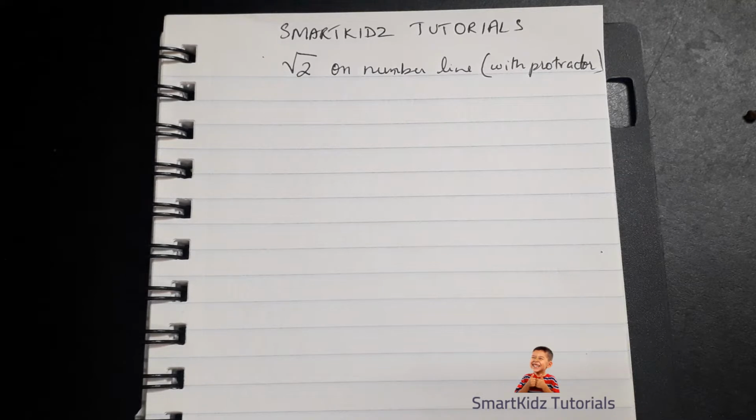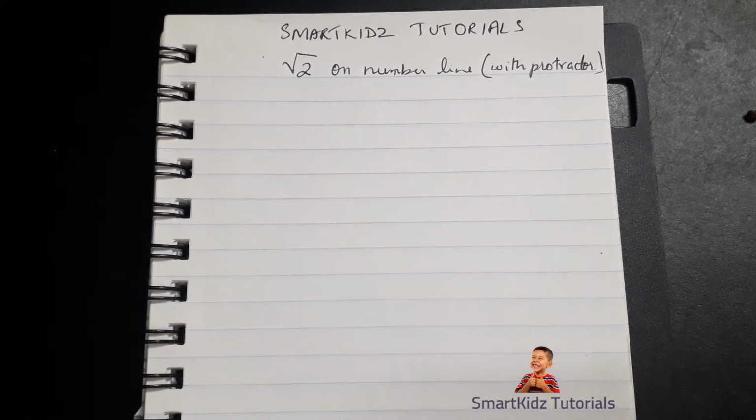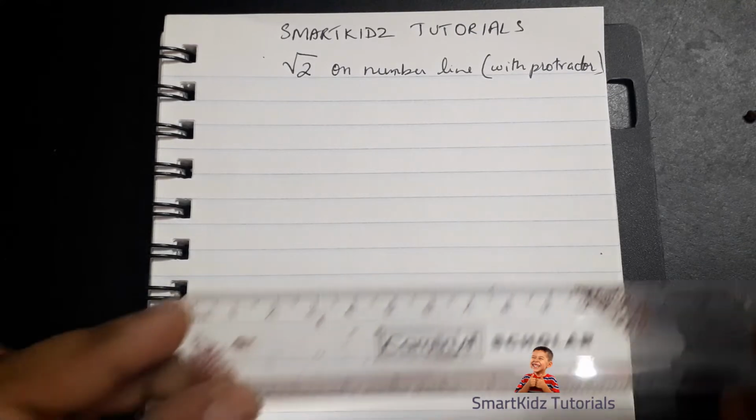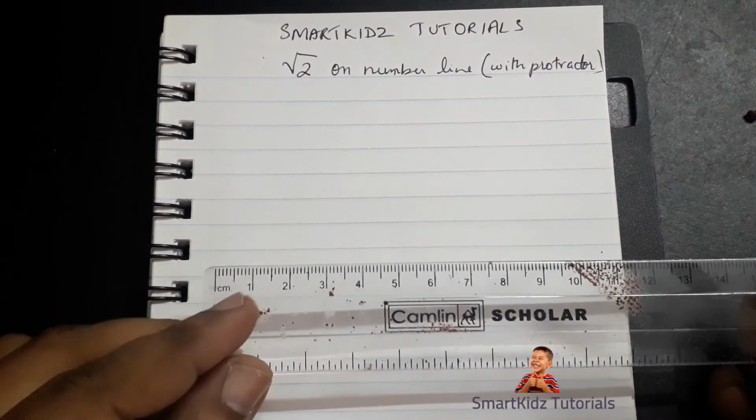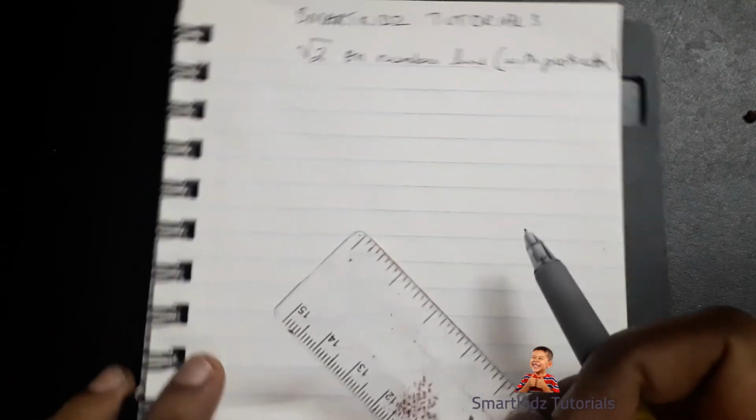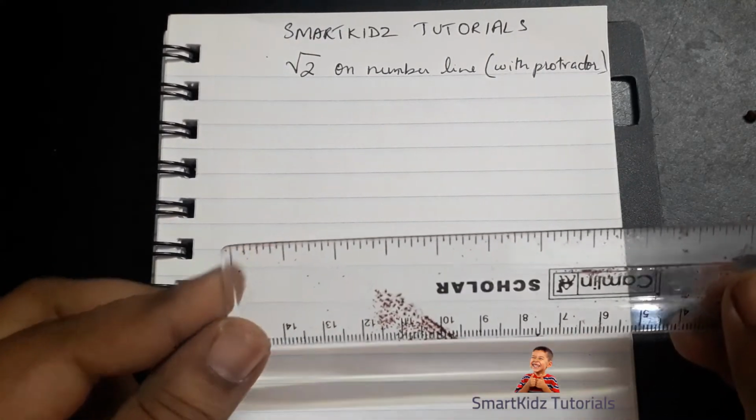So first of all, what we need to do is construct a line. In constructing a line, you can either construct it using the centimeter side of a scale, or the inches side of a scale.